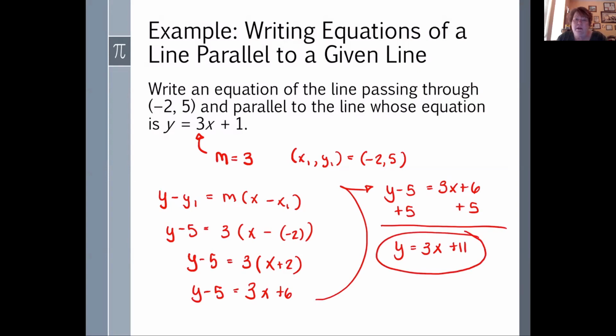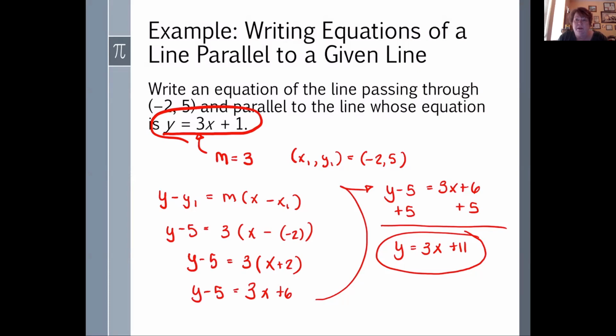So there is the equation of the line that passes through the point -2, 5, and it's parallel to y equals 3x plus 1. And it is parallel because the original equation of the line that I was given has a slope of 3, and the line that I found has a slope of 3.